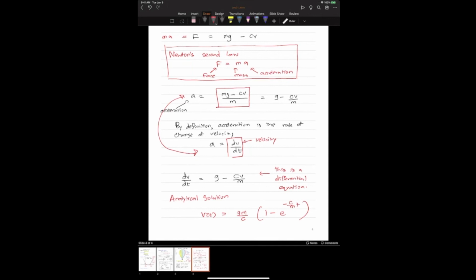We will keep that for comparison. Now let me go back to this equation one more time. So we have dv over dt is equal to g minus c over m times v.